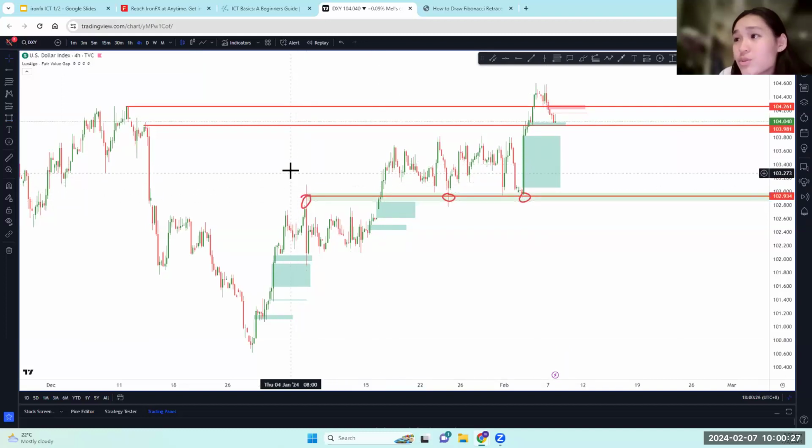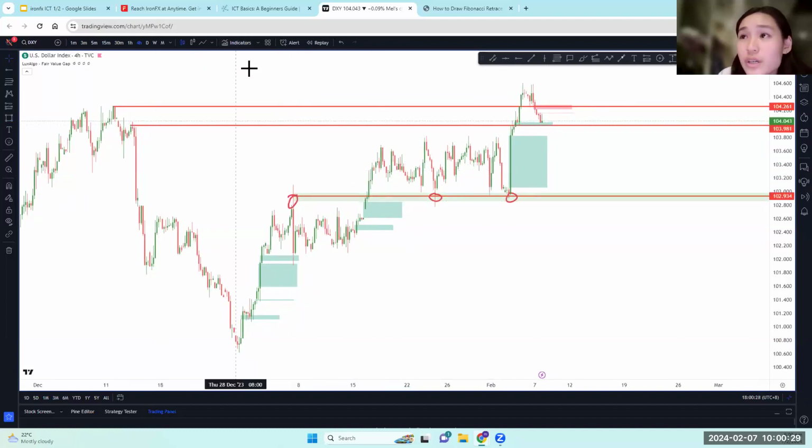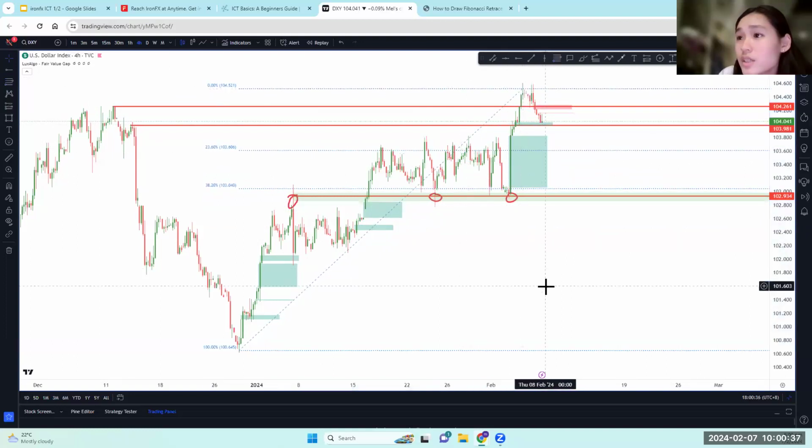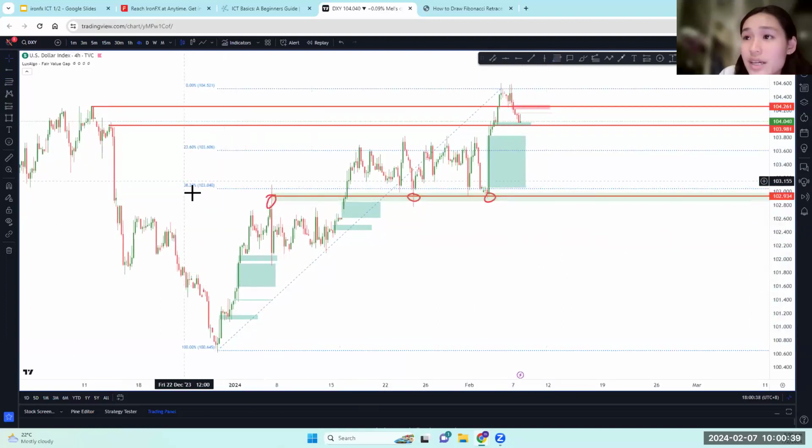Okay, let's see if we can make use of our Fibonacci levels as well. Here we have a nice 38.2 that lines up with this area.